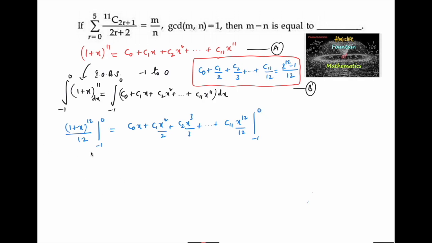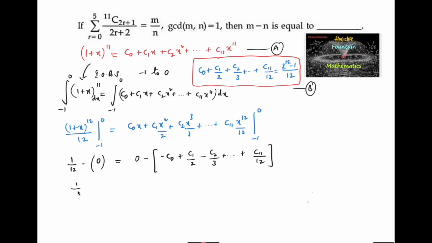So that we can write here the upper limit is 0, so (1 plus 0), that is 1 power 12, 1 by 12, minus, and again here the lower limit, 1 minus 1 is 0, 0 upon 12 is 0, which is equal to, and here the upper limit will be 0 minus, and the lower limit we can write C0 into minus 1, that is minus C0, and again plus C1 into minus 1 whole square will become plus 1, that is C1 by 2, and minus 1 whole cube will become minus, so minus C2 divided by 3, and again plus and so on up to minus 1 whole to the power 12 is 1, so we'll get plus C11 divided by 12.